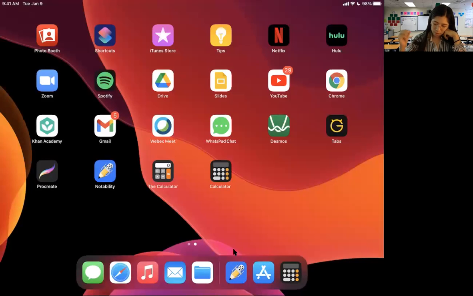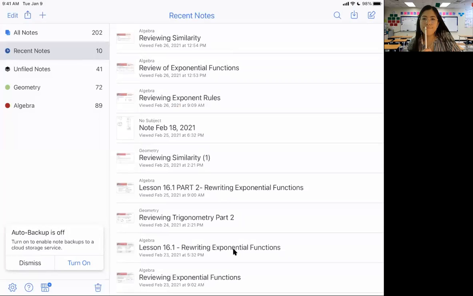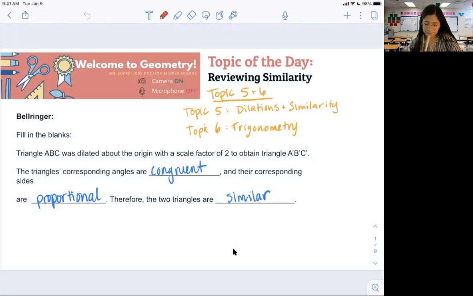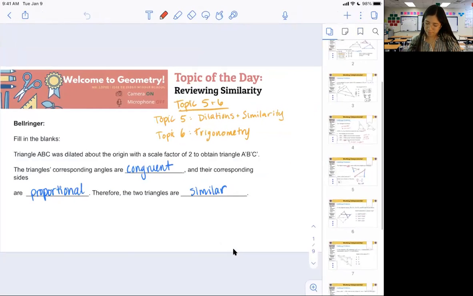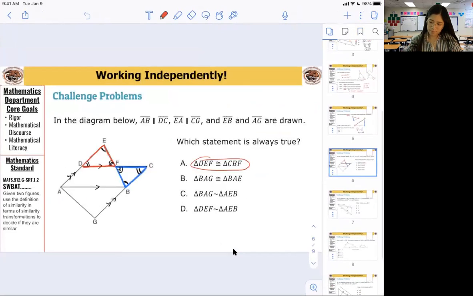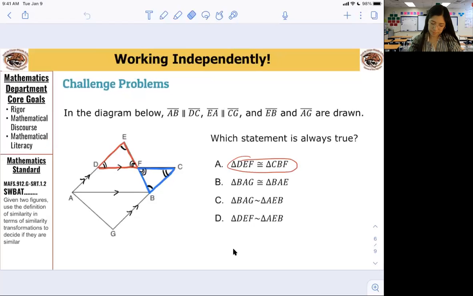Oops, he crashed on me. It happens sometimes. It's okay. Technology these days, I know, right? Okay, let's try that again. So is it BAG compared with BAE?